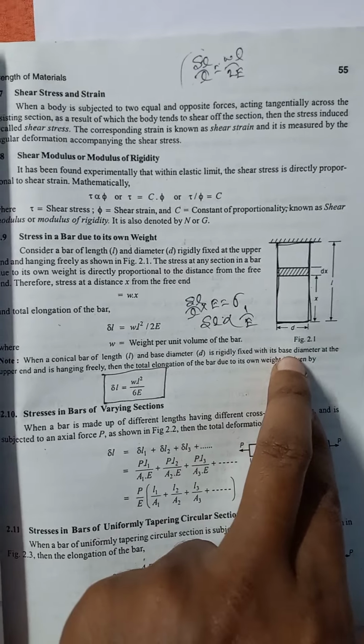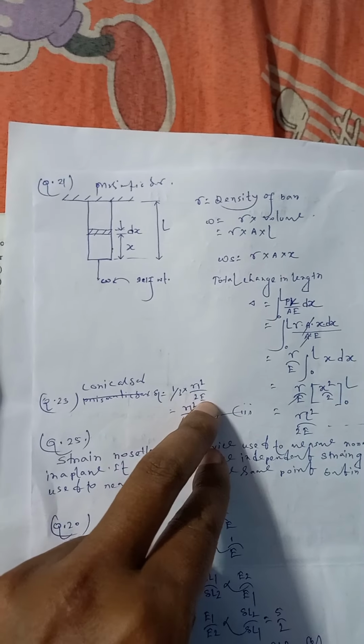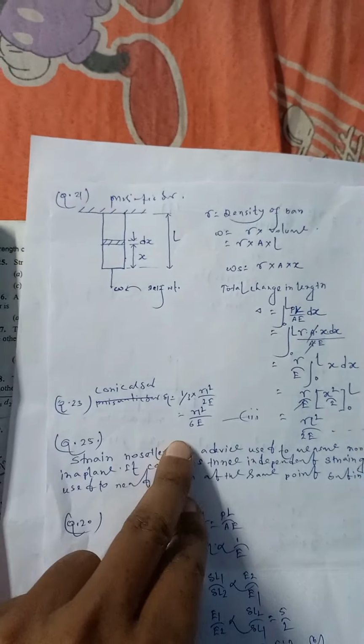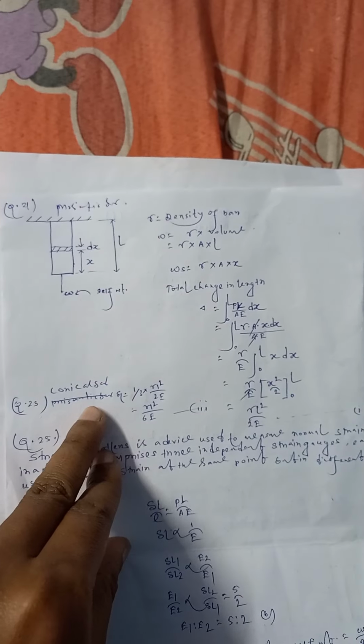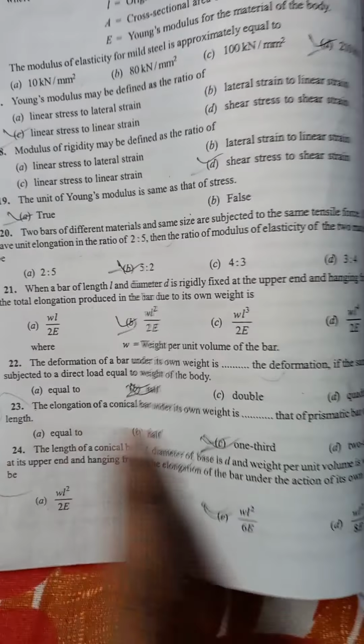We determined the elongation for a prismatic bar of length L and diameter D for its self weight W. But when it is a conical bar, then the deformation or change in length will be equal to one third of the elongation produced for the prismatic bar. Remember it. So friends, for a conical bar the deformation will be one third, or gamma L square by 6E. So for question number 23, option C is the correct answer, one third of the prismatic bar.